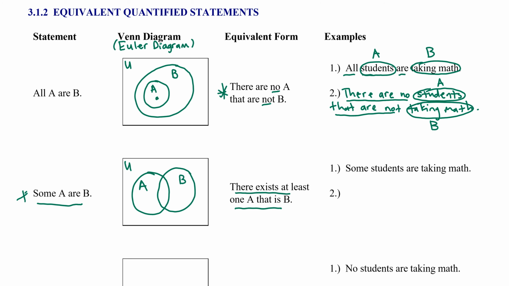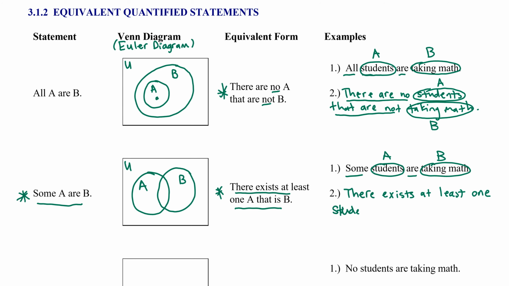That statement fits this pattern, some A are B. I want to rearrange this using this pattern: there exists at least one A that is B. So we would write it, there exists at least one student that is taking math.